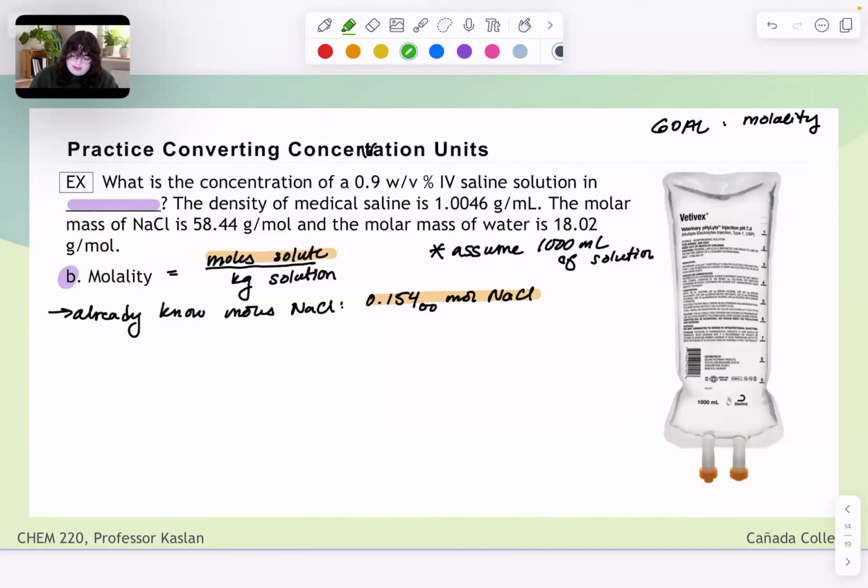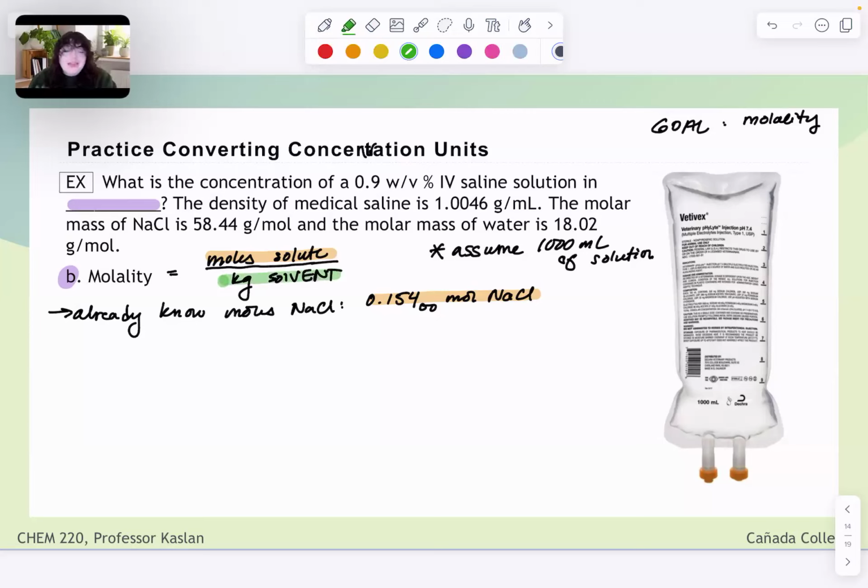Now our task is to figure out something about, what have I done here? You get so used to writing solution. We need to remember molality is kilograms of SOLVENT. I always write in all caps when I want to get myself to remember that. There we go.